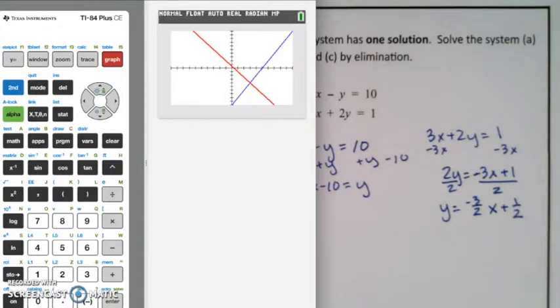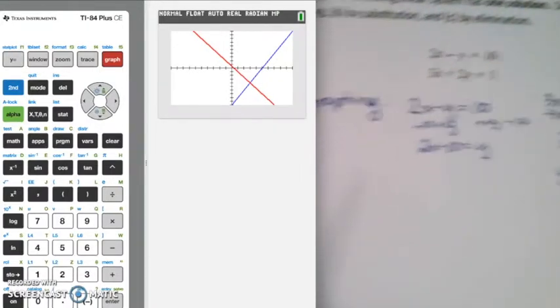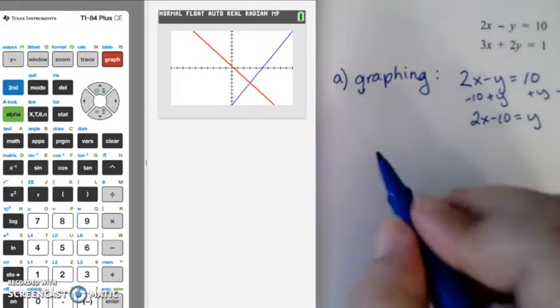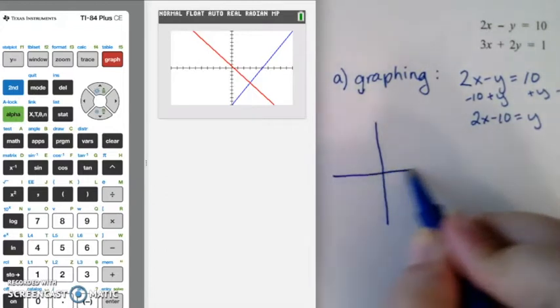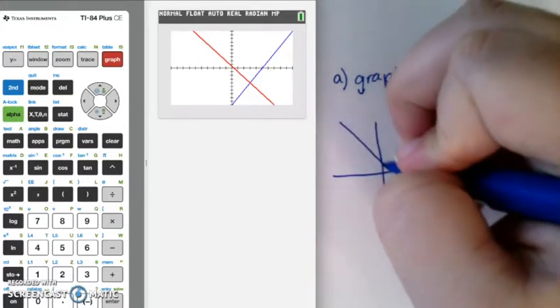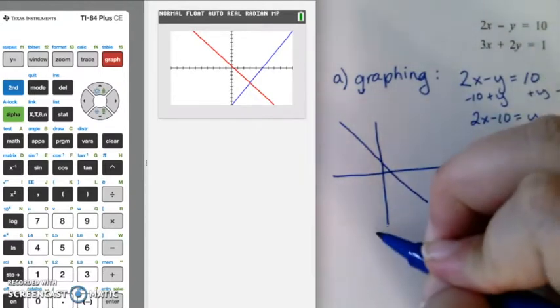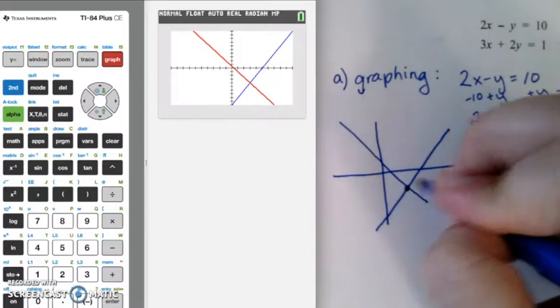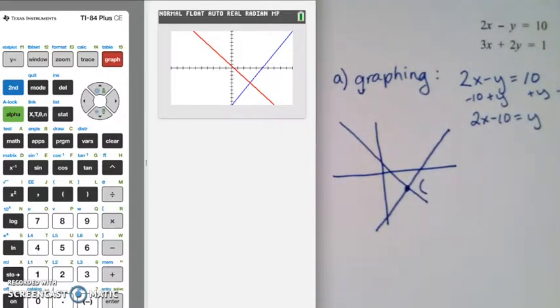So if I'm looking here on my paper, I can draw these lines approximately like this. And I'm looking for that point of intersection.